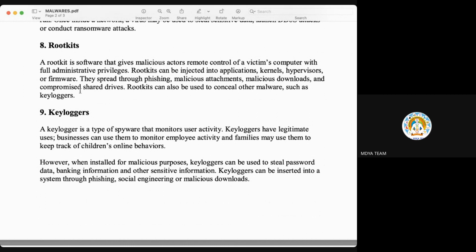Or sometimes the system is not protected by antivirus. So if it is unprotected or there is a poor administrator password or username, they easily access your system. That way, normal functionality of the computer system will be affected.